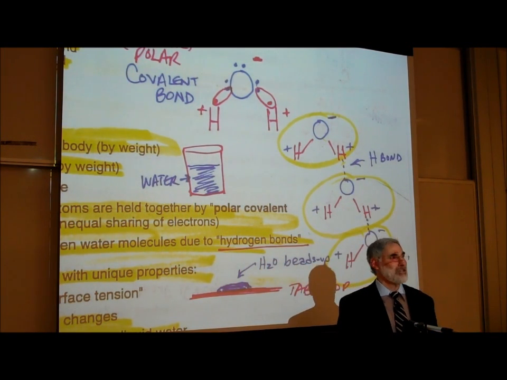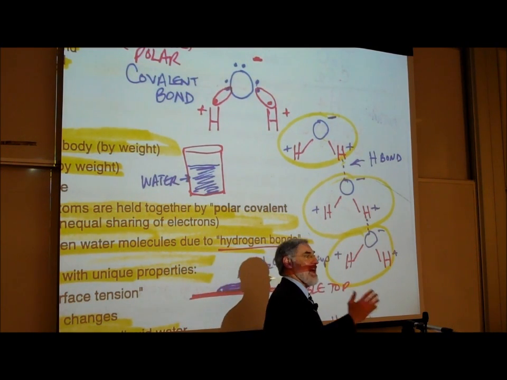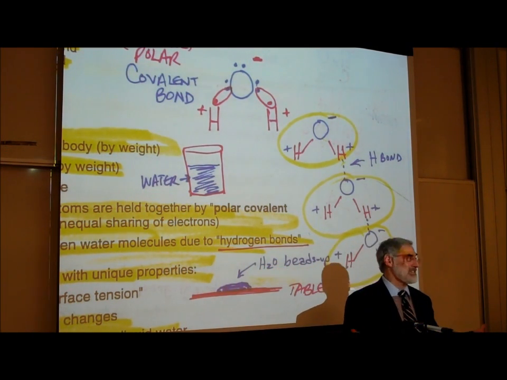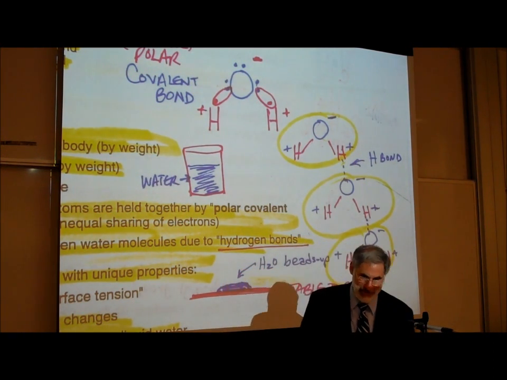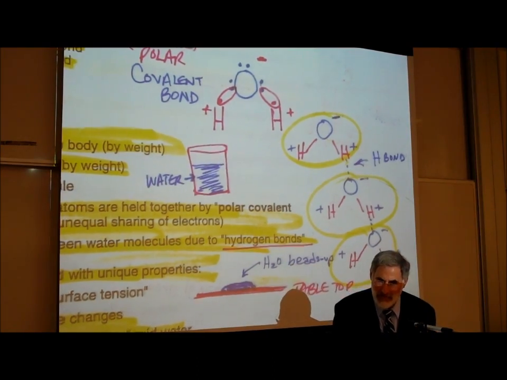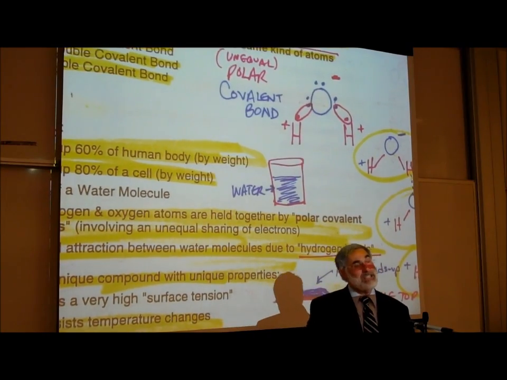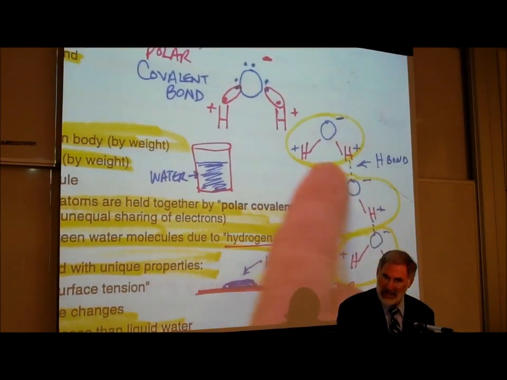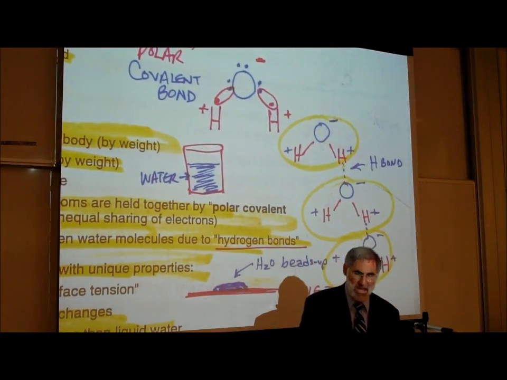It's always ménage à trois relationships. There's always a couple that's married, and they each have some affair going on the side. Has anybody ever seen a French movie? That's what they're always about. So that glass of water is like one French movie where everybody's got affairs going on the side. It is this phenomenon, this electrical attraction between the water molecules, that creates the unique properties of water.